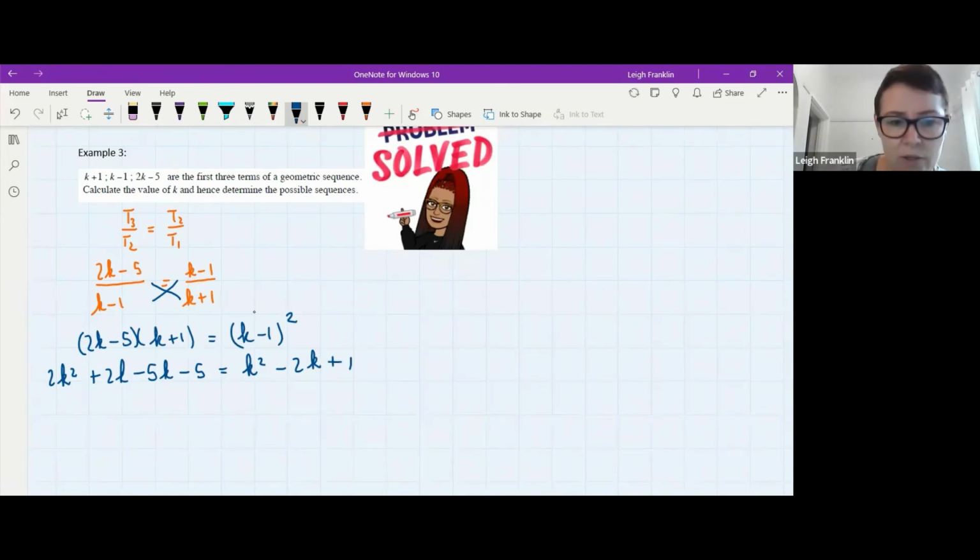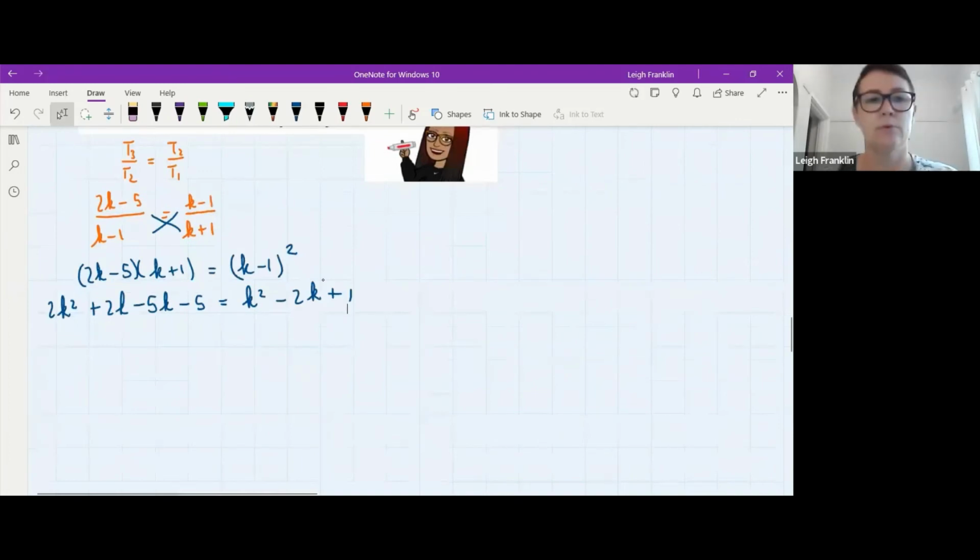Now our job is to get everything on one side, because it's quadratic, and it has to be equal to 0. That will be our next step. Let's do that. We will end up with a K squared over here, because 2K squared minus K squared is 1K squared.